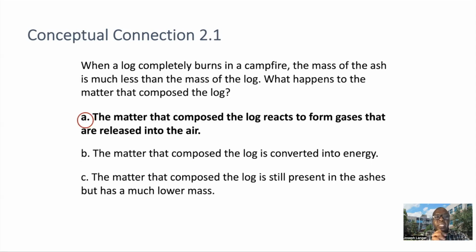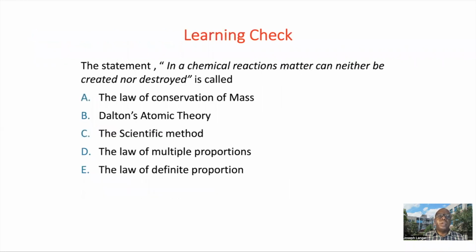That's the correct answer. It is a law of mass conservation problem. Matter cannot be created or destroyed. Don't think that because there is less mass than the log, matter was destroyed during the process. It's only that gases were released into the atmosphere, which was part of the log.